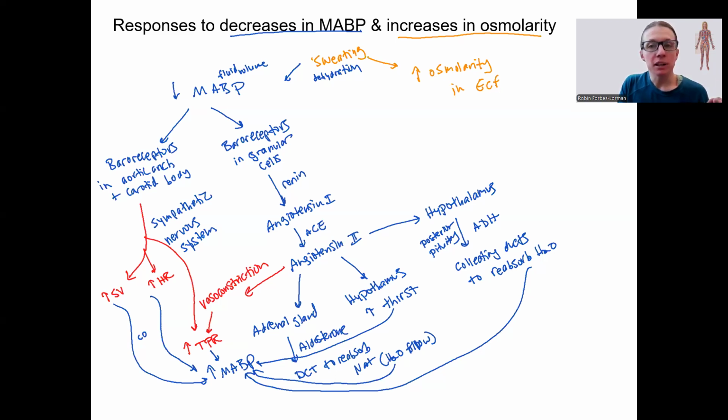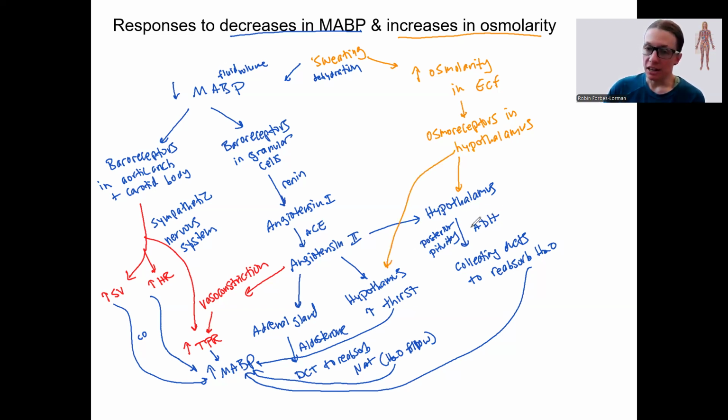Okay, then osmolarity. This is going to be a separate pathway over here. Increased osmolarity is detected by osmoreceptors in the hypothalamus. This is going to target, we're in the hypothalamus, we can target the two things that occur in our hypothalamus.